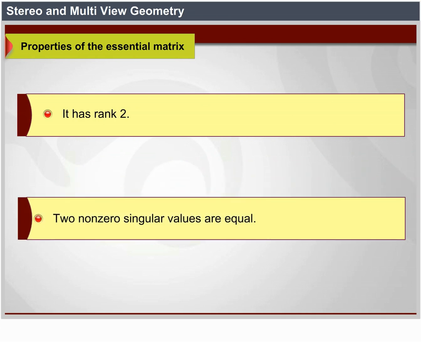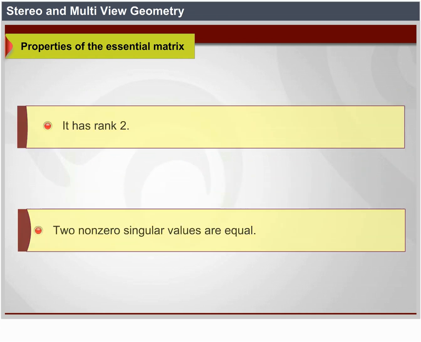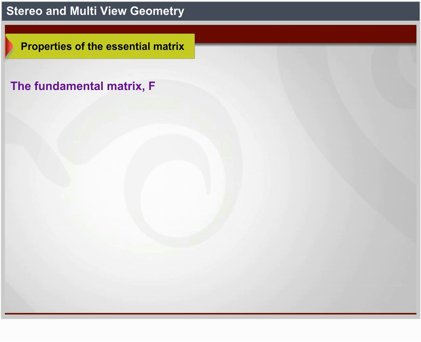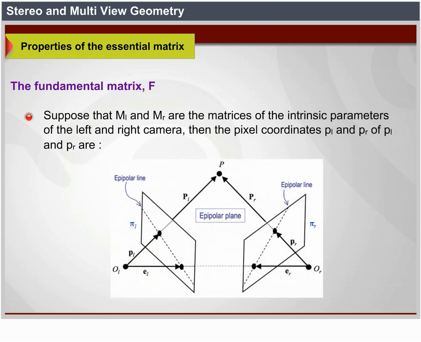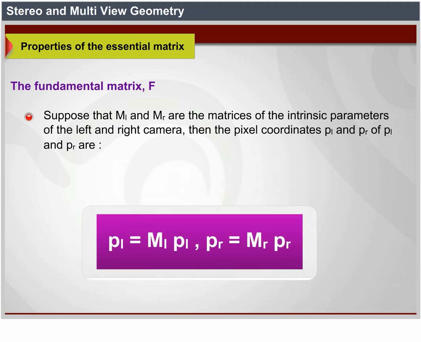The fundamental matrix F. Suppose that ML and MR are the matrices of the intrinsic parameters of the left and right camera. Then the pixel coordinates pL and pR of PL and PR are pL equals ML into PL, pR equals MR into PR.